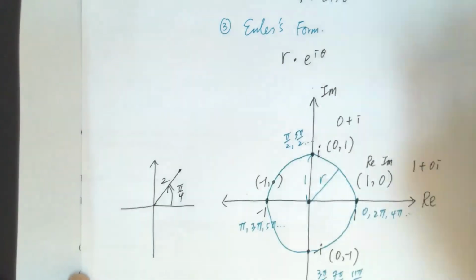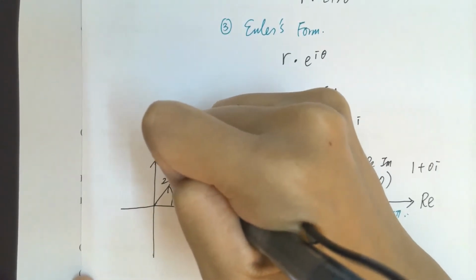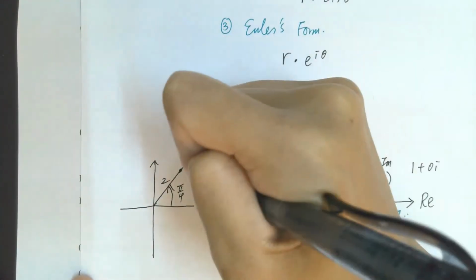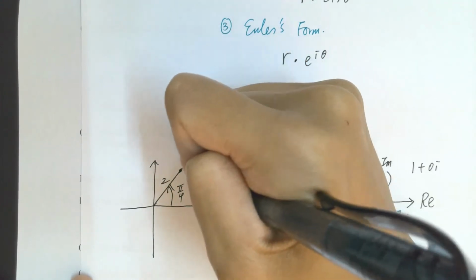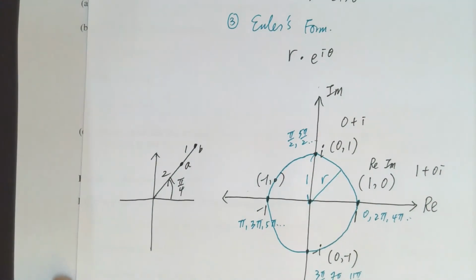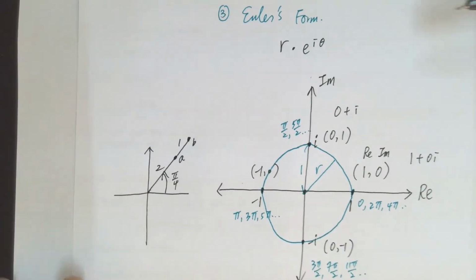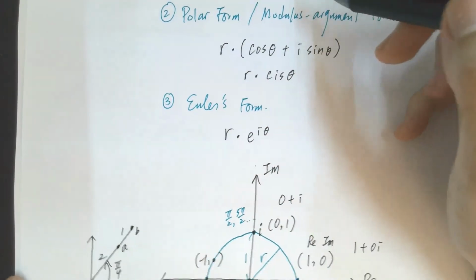We have the same angle, but you could have radius 2 from the point, or you can have radius maybe 3. So basically this will make points A and B two distinct numbers. So that's the idea of your representation of a complex number. You would need 2 parts to identify it completely: the modulus part and the argument part.